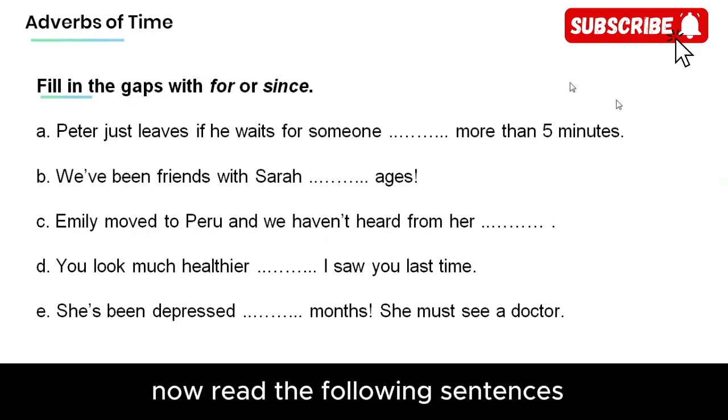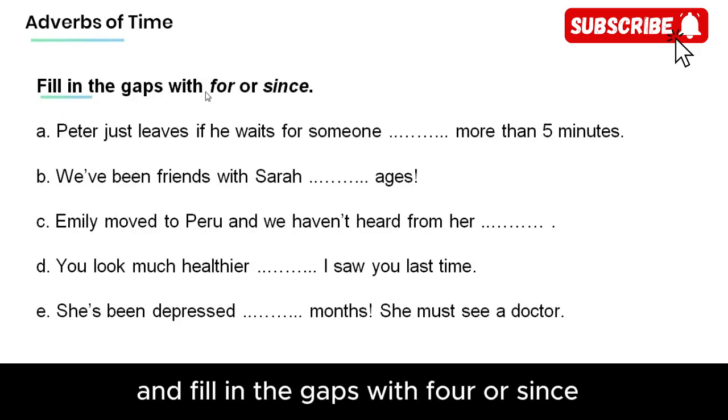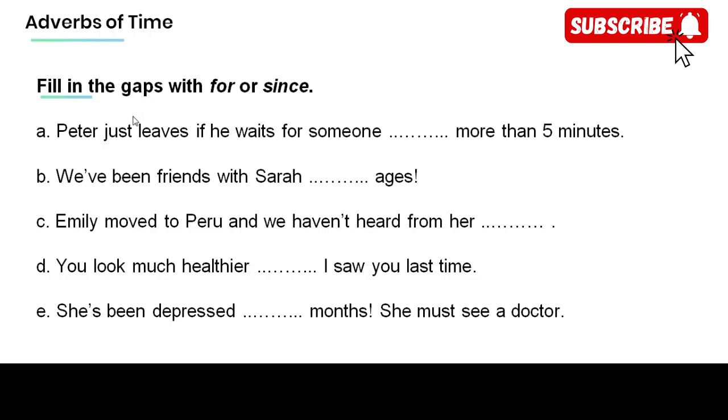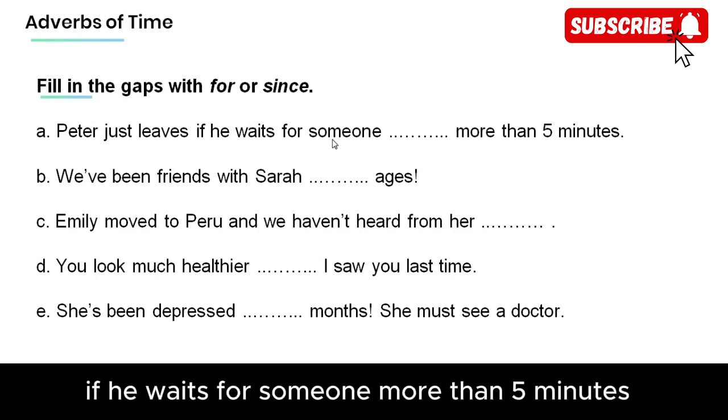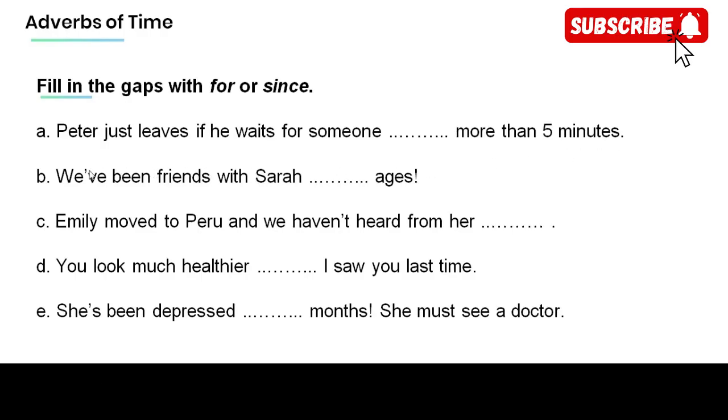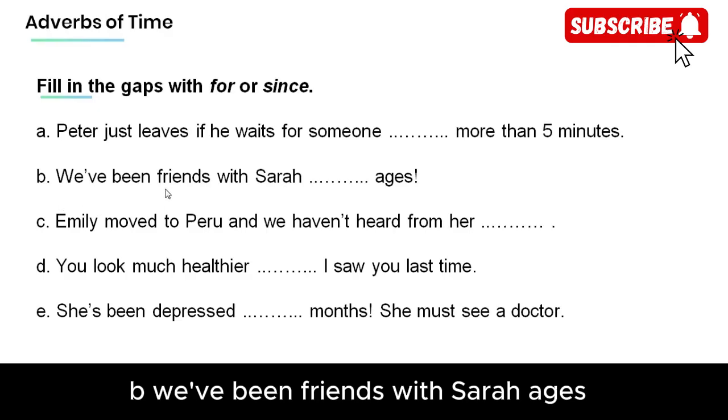Now read the following sentences and fill in the gaps with for or since. A. Peter just leaves if he waits for someone more than 5 minutes. B. We've been friends with Sarah ages.